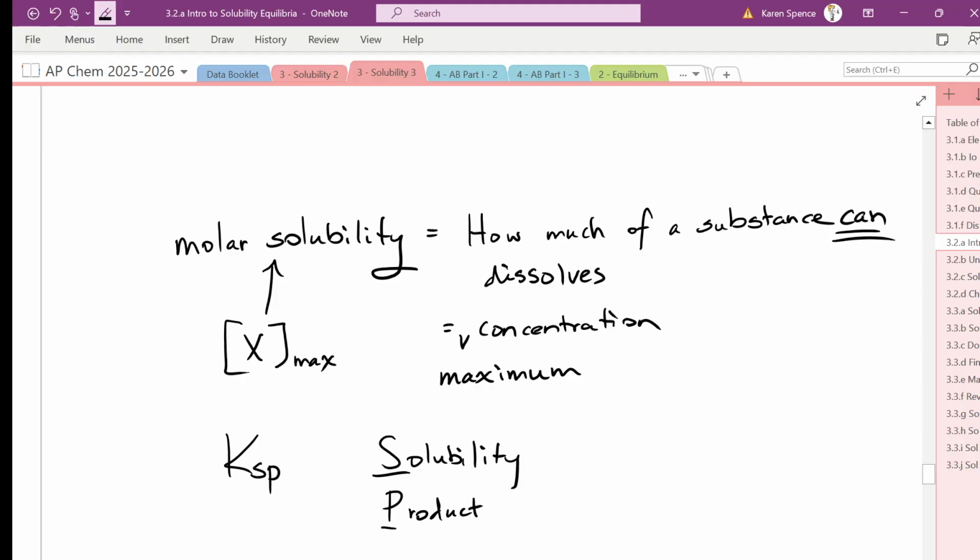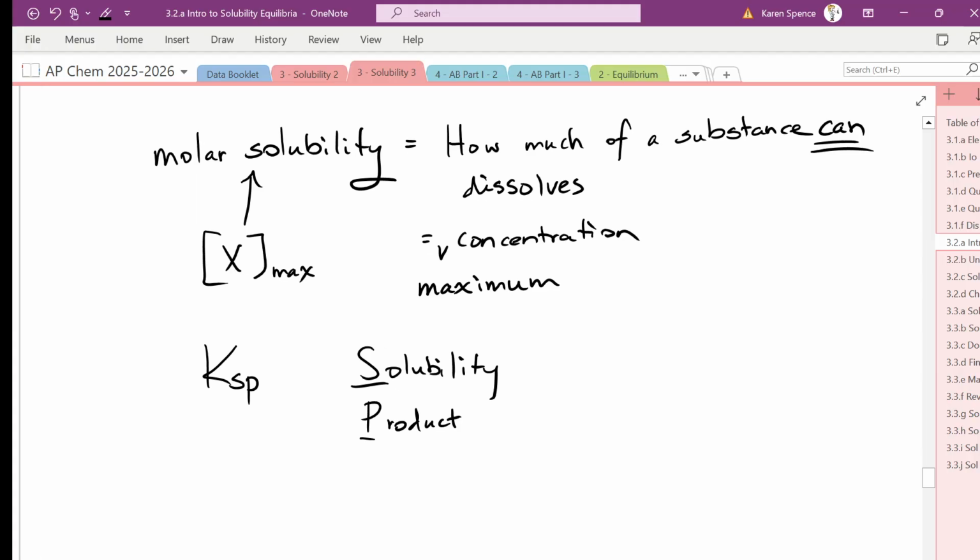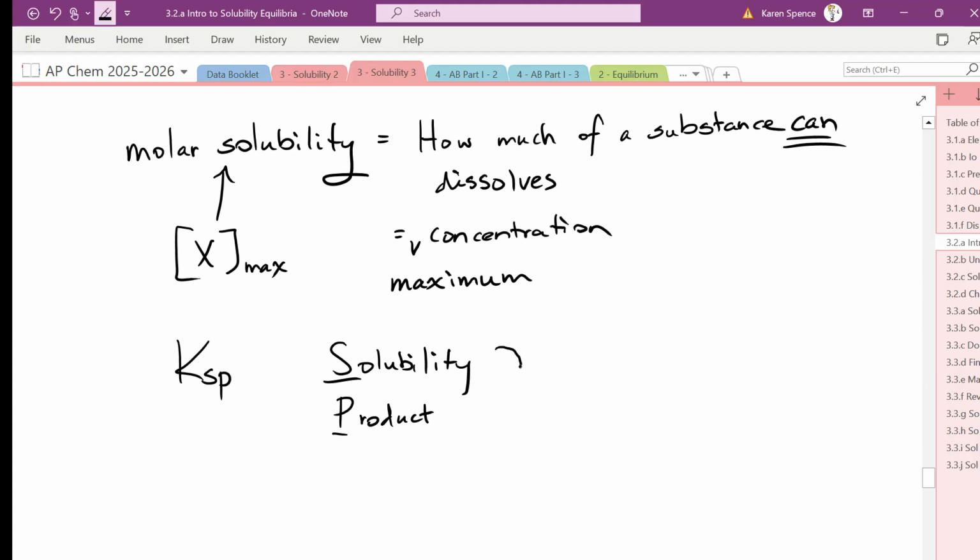And if we're working with KSP, what kind of reaction do we write? We write the equilibrium. What kind of equilibrium? The solubility equilibrium equation.